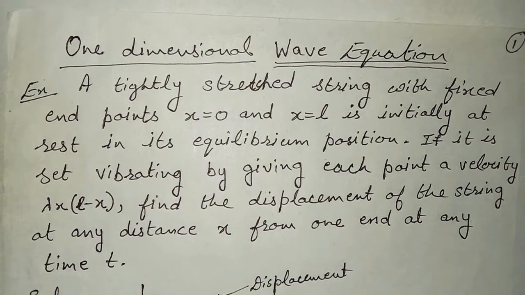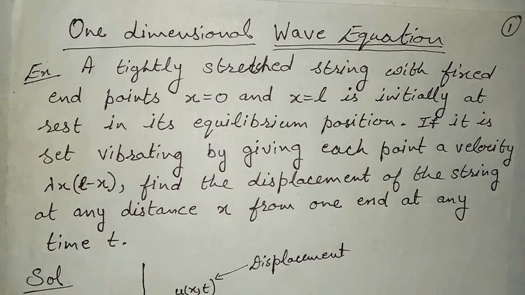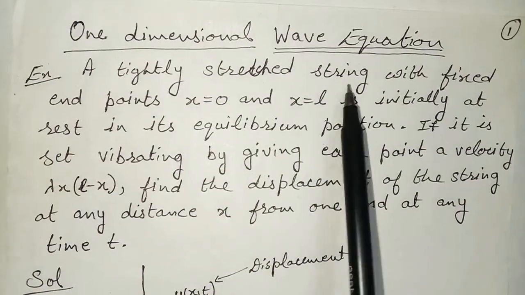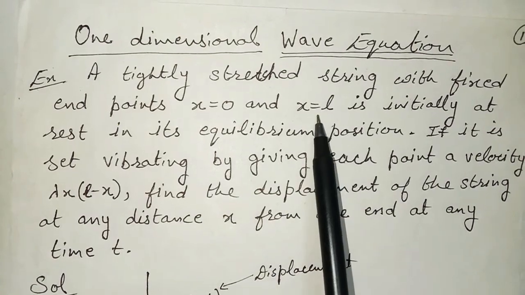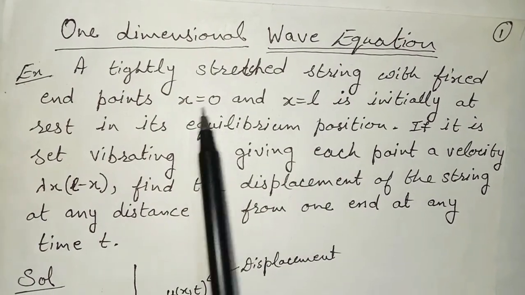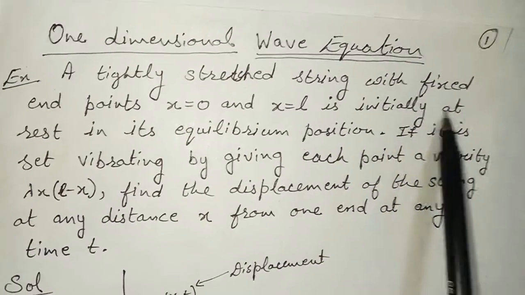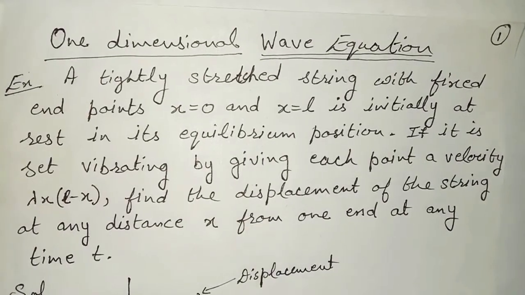So now here I have taken an example. A tightly stretched string with fixed endpoints x is equal to 0 and x is equal to L. That means the length of the string is L, 0 to L, is initially at rest in its equilibrium position.